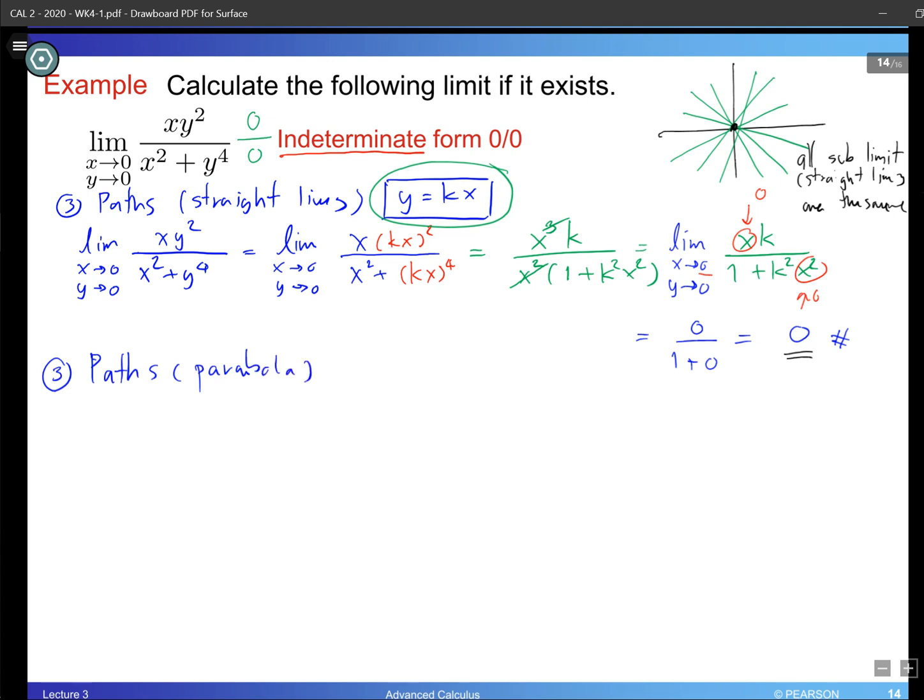For a parabola you can use y equal to kx squared, or the other one is x equal to ky squared. That depends on the situation. One is the parabola opening upward and downward, and the other one is the one opening on the sides. So why don't I use this one for this example? This one is the parabola on the side.